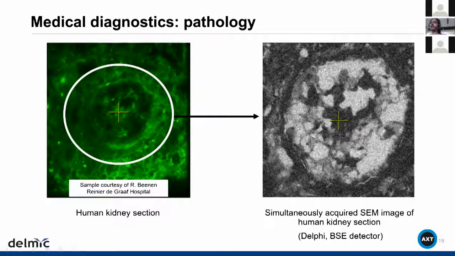So the SEM image on the right was acquired simultaneously with the fluorescence image on the left. And from the electron contrast, it's possible to see the structural information that is necessary to understand the functional information that you see on the left. So if there are particles or features of interest present in this region, they can be visualized at higher resolution in the SEM image using a backscatter detector on the Delphi.